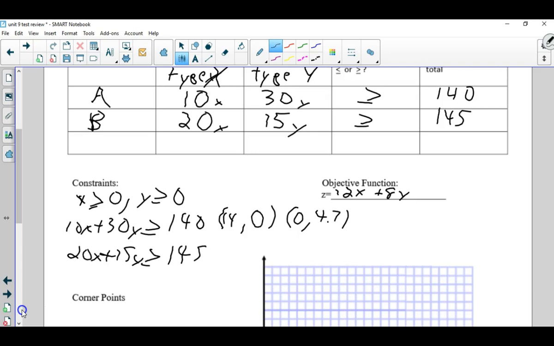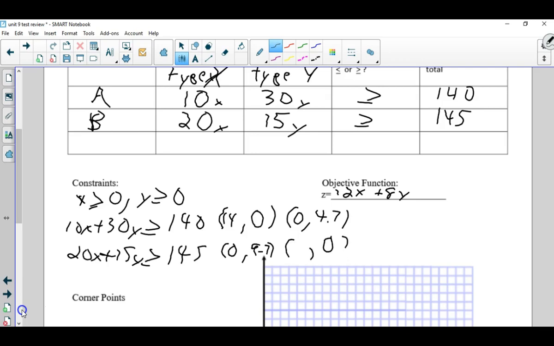This is just going to be estimating. Over here, if I do 145 divided by 15, so I put a 0 in for x, I'm going to get 9.6 repeating, or 9.7.